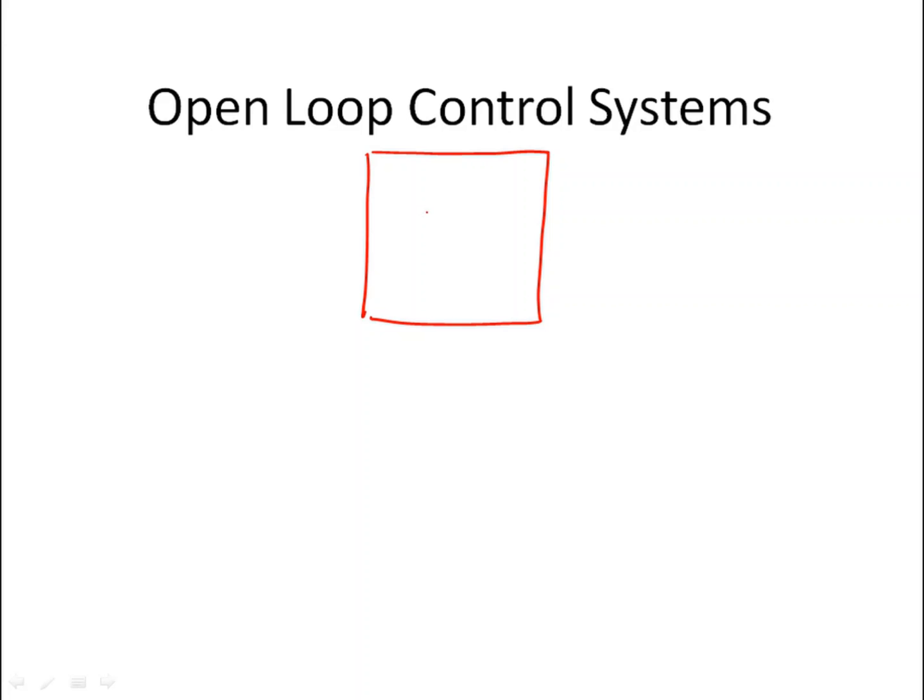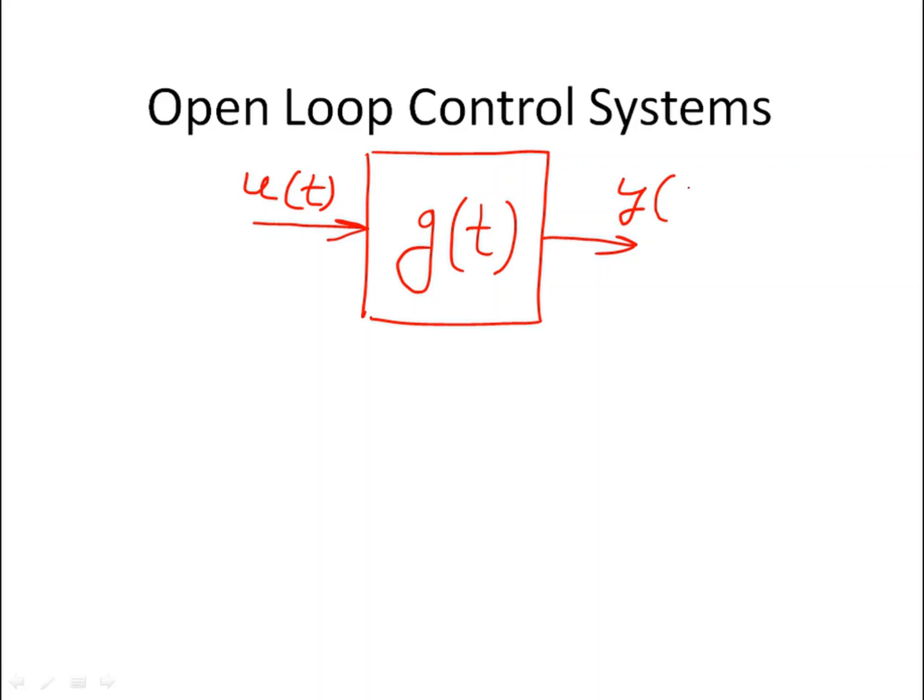So I can say that G is a function of T. This block will have certain inputs. Maybe you can say that U as a function of time is the input to this block, and output is Y as a function of time.